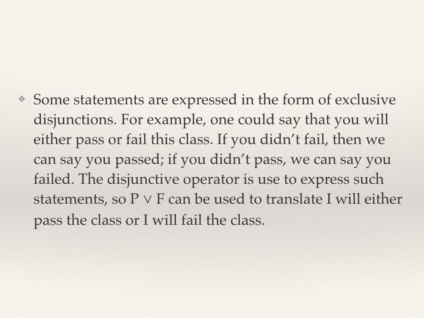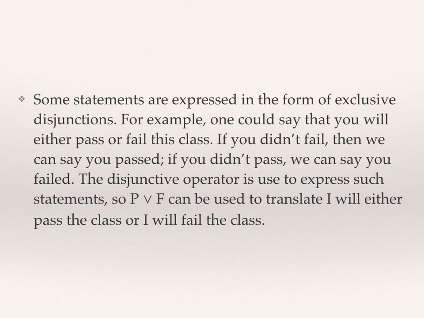Okay. So, moving on, some statements are expressed in the form of exclusive disjunctions. For example, one can say that you will either pass or fail this class. If you didn't fail, then we can say you passed. If you didn't pass, we can say you failed. The disjunctive operator is used to express such statements. So P or F can be used to translate I will either pass the class or I will fail the class.